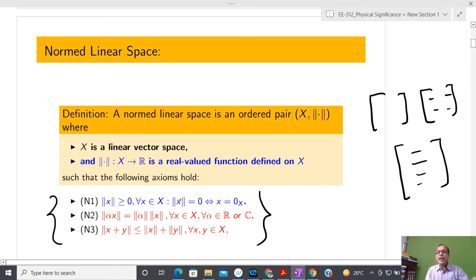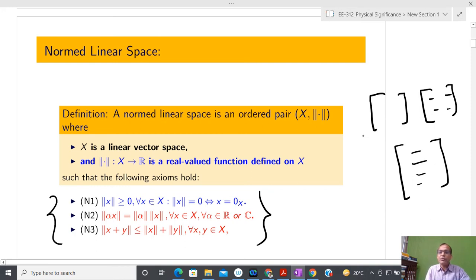Vector space means I have two binary operations, scalar multiplication and vector addition, and all 10 axioms should be satisfied. Then only can I give the name vector space to a space. We have already discussed a lot about that.